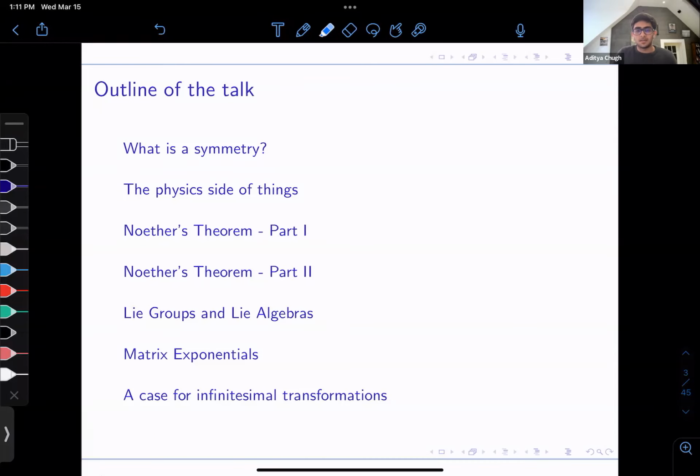In that sense, the theorem makes use of something called Lie groups and Lie algebras. We will take a small detour with matrix exponentials, because they'll come later in the very last section, which is a case for infinitesimal transformations. It's just nice to know, and it'll maybe help you appreciate more what we see there. So we'll get started.